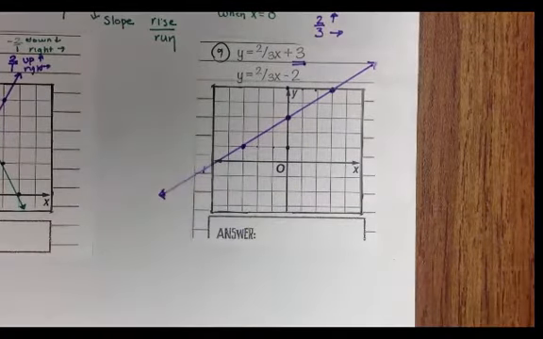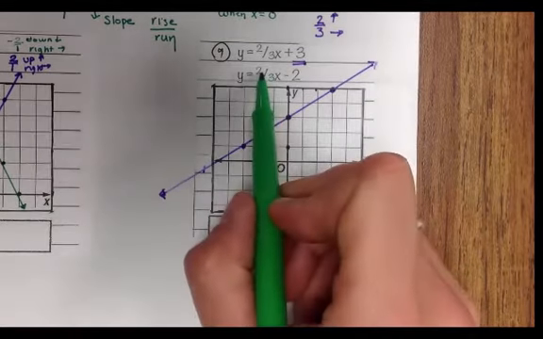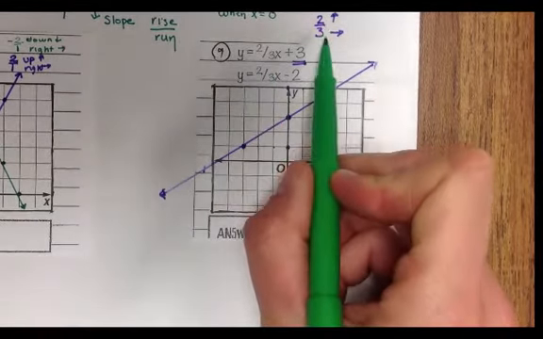Okay, my next equation has the same slope, rise 2, run 3, and my y-intercept is at negative 2. So I'm going to start at negative 2. If this is 0, I need to go down 2 and plot my point. My slope is going to go up 2, 1, 2, and I'm going to run 3, 1, 2, 3, to the right.